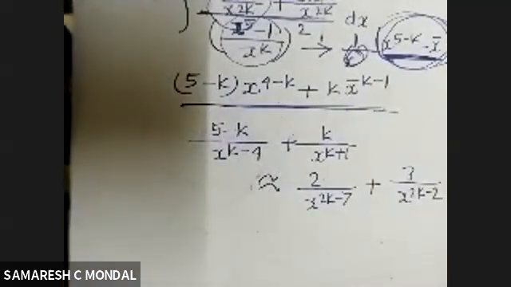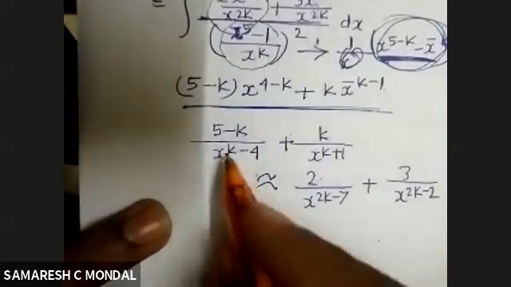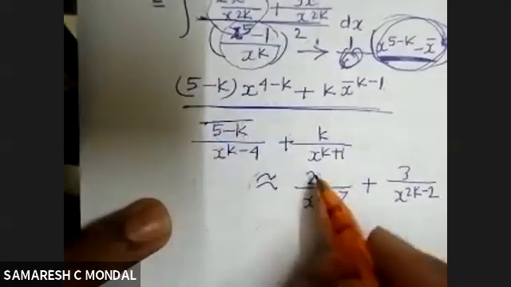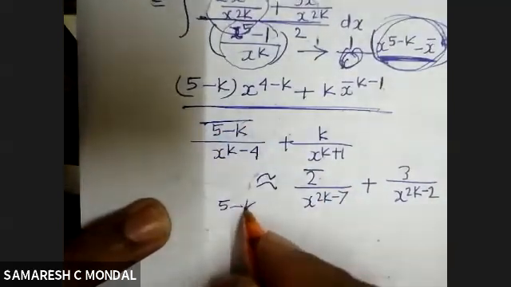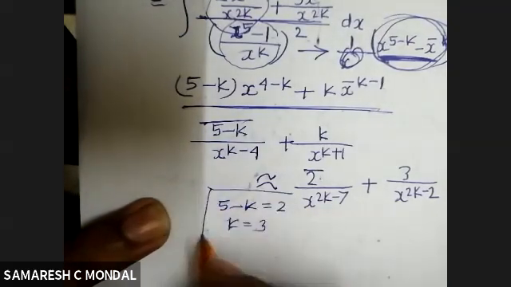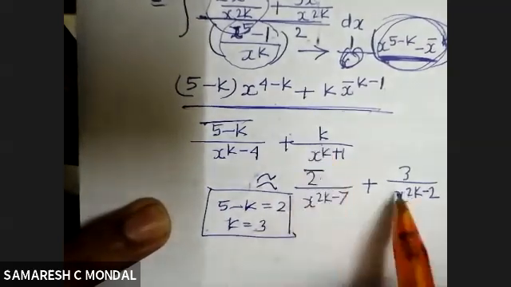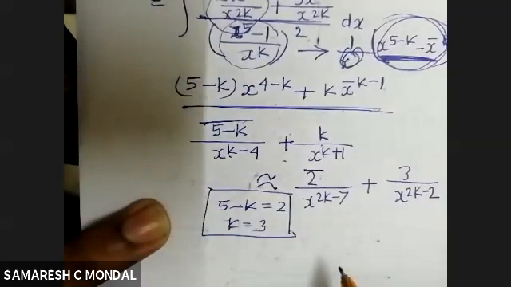It should match. So in that case, 5 minus k should be equal to 2, so k should be equal to 3. And it's true for all the values.